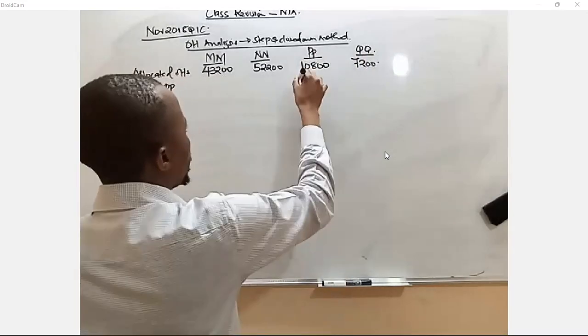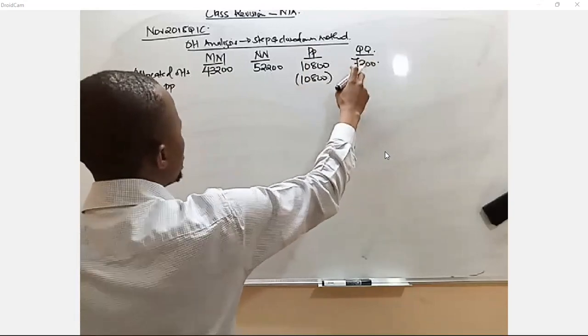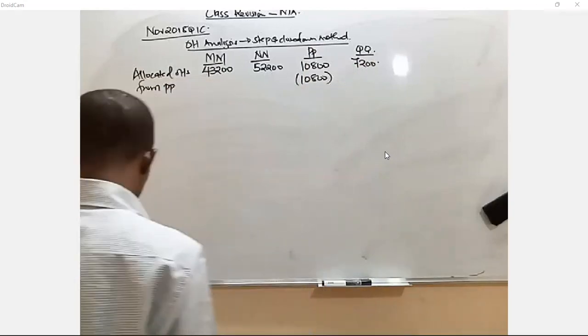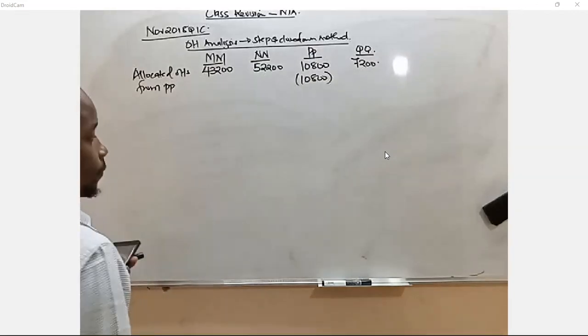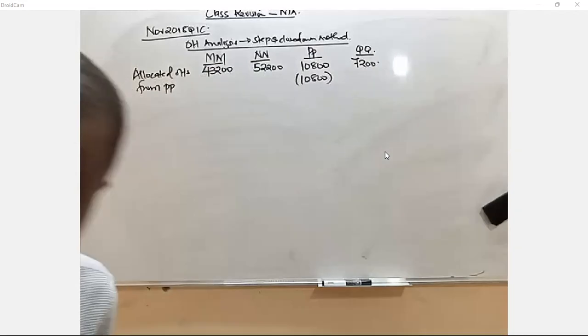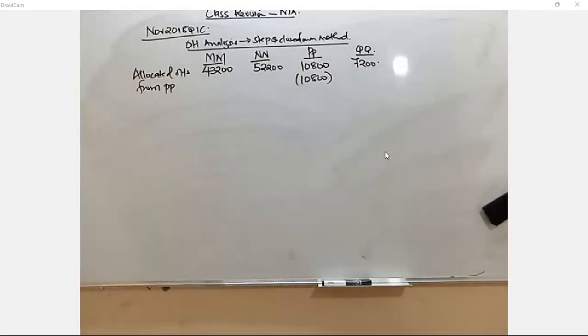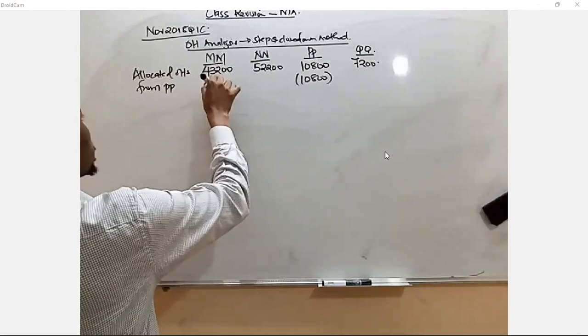So here we are talking about 10,800, and we are stepping to QQ and then closing it down. So it will be 50%, 0.5 times 10,800, which is 5,400.